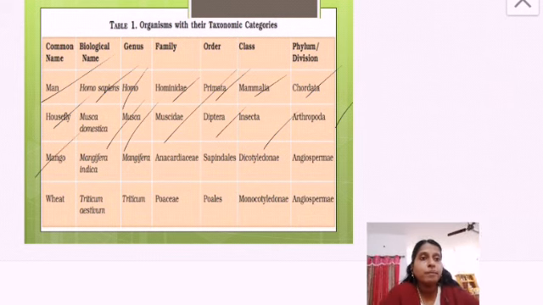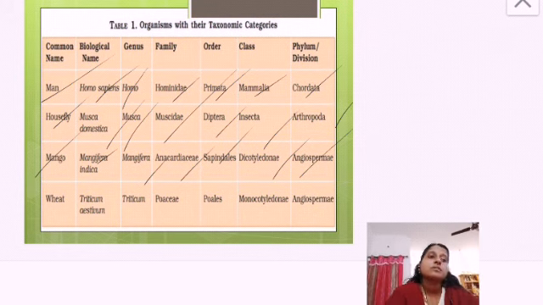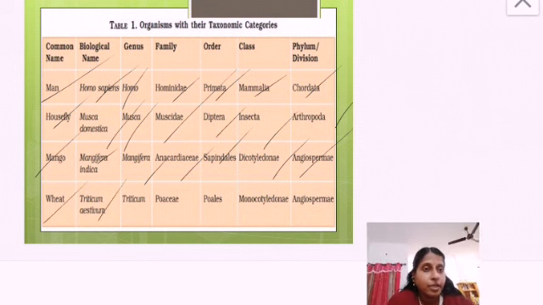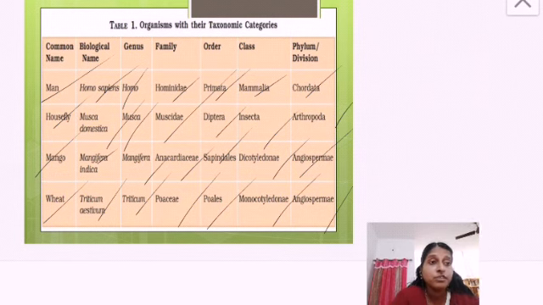Mango: Mangifera indica, Mangifera is the genus name, Anacardiaceae is the family name, Sapindales is the order, Dicotyledonae is the class, Angiospermae is the division. Wheat: Triticum aestivum is the binomial name, Triticum is the genus, Poaceae is the family, Poales is the order, Monocotyledonae is the class, Angiospermae is the division. We use the term division for plants, not phylum.